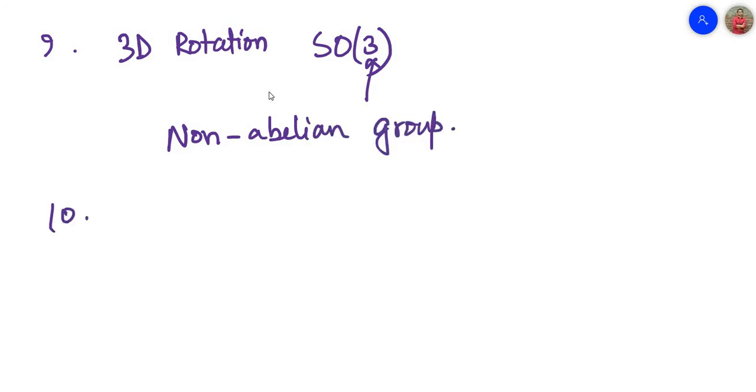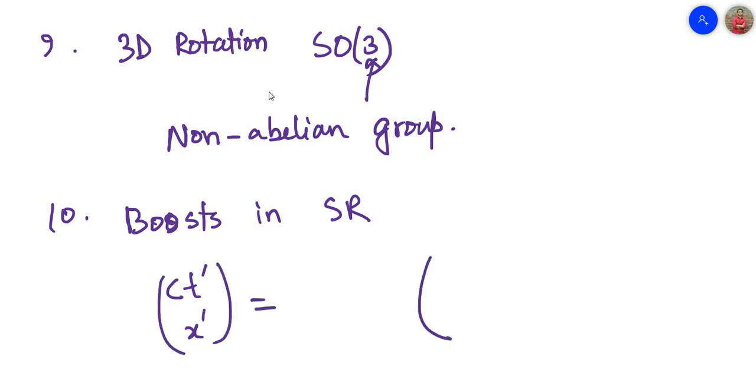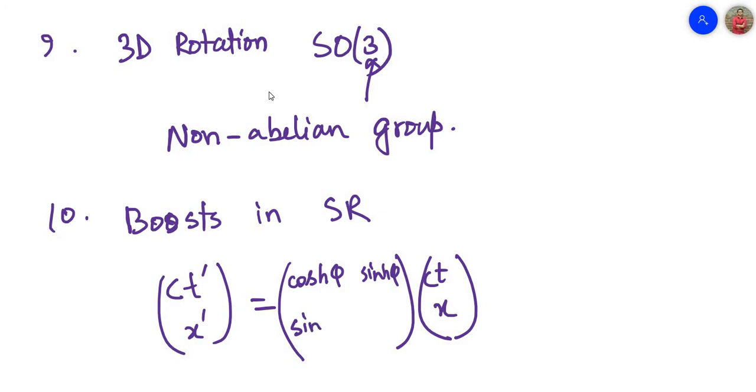As a final example, I'd like to mention the boosts. Boosts in special relativity also form a group, so they connect the transformed coordinates to the coordinates before transformation, and they have this generic form of cosh phi, sinh phi and then sinh phi, cosh phi.